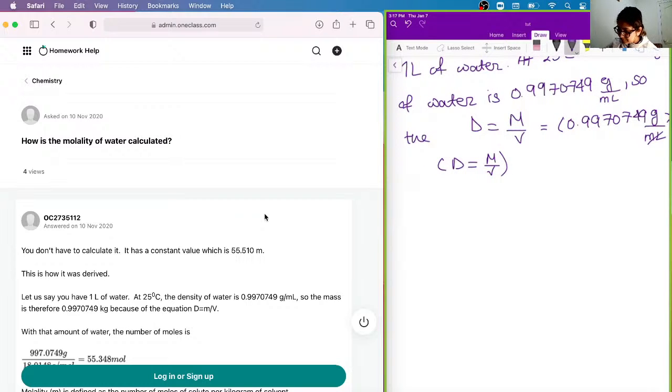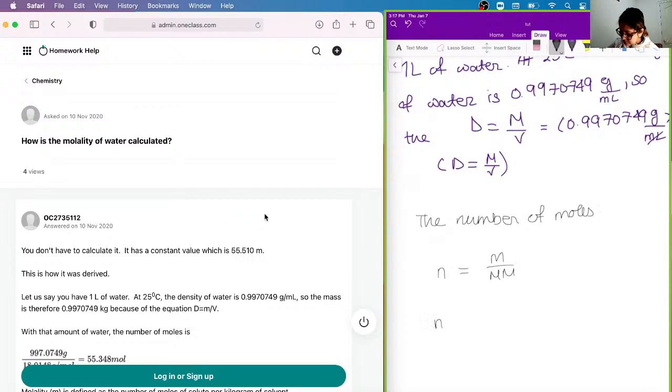So with the amount of water, the number of moles, let's say n is the number of moles, is equal to mass over molar mass.